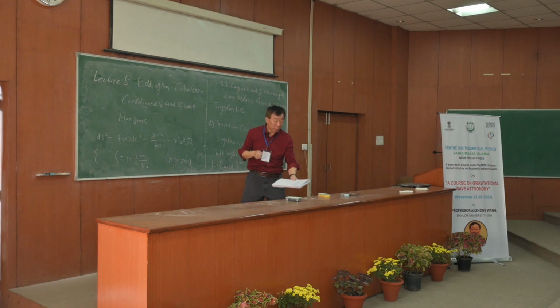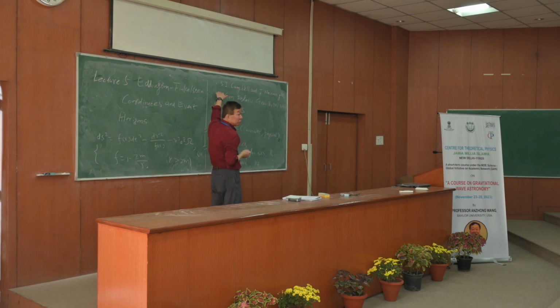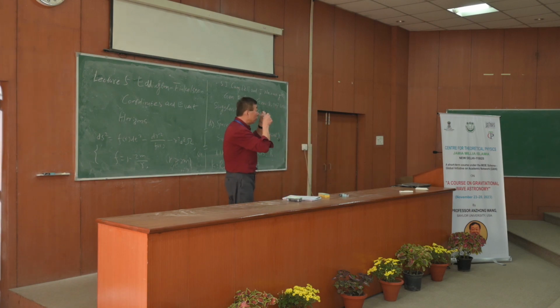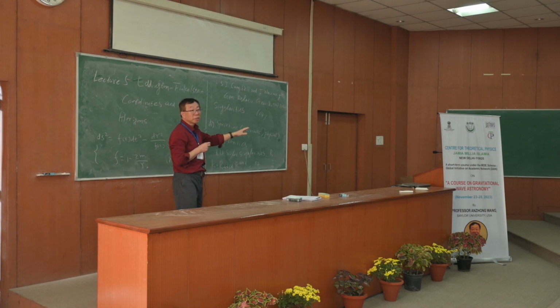Here you can see this paper, I can list all the 14 scalars. There are totally 14 scalars. You can construct them from the Riemann tensor, and also from the derivative of the Riemann tensor. So totally you can construct 14, and all the others can be written in terms of these 14.